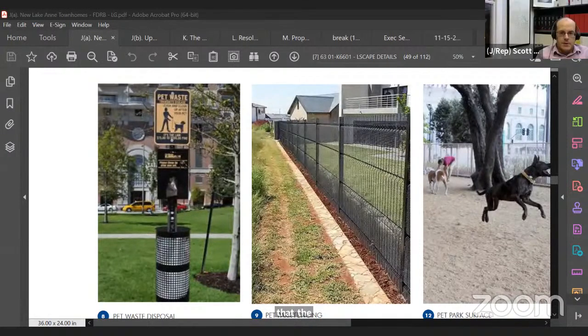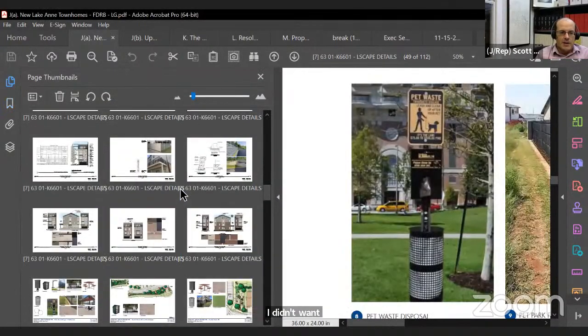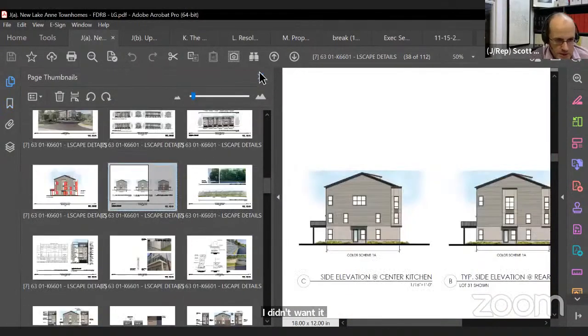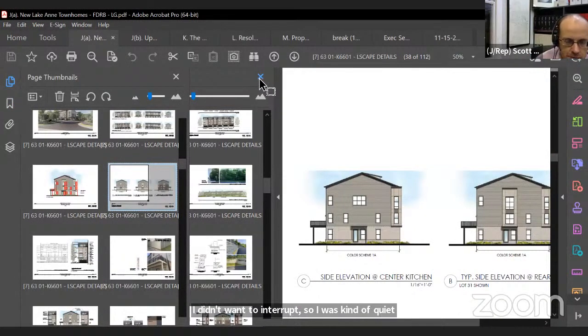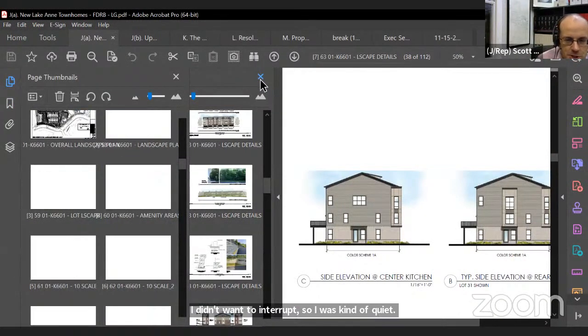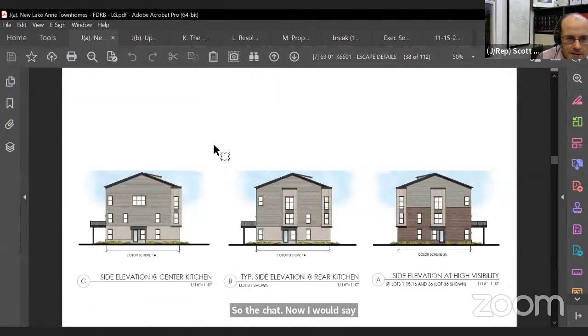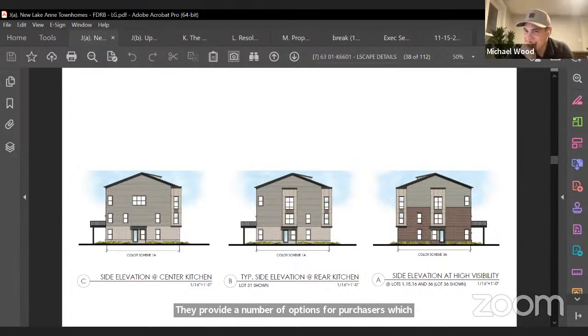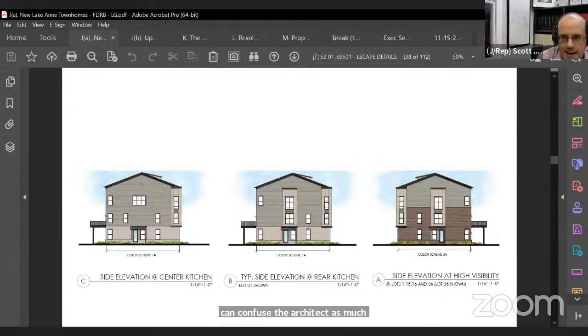I didn't want to interrupt, so I was kind of quiet. I would say to TriPoint's character, they provide a number of options for purchasers, which can confuse the architect as much as anybody else. So I understand where you're coming from.